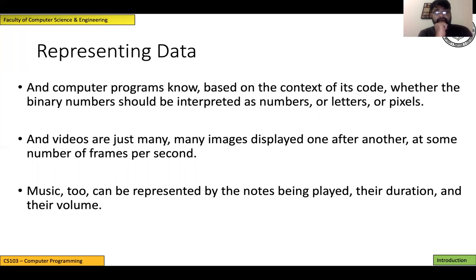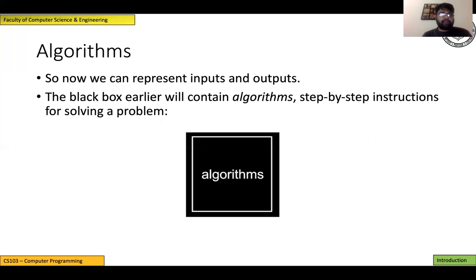Similarly, like I said, music too can be represented by the notes being played, by the duration, and by their volume. So, what is an algorithm? An algorithm is basically the black box that converts from input to output. And what we learned so far is we can now represent inputs, which is your music or video or text or whatever, in ASCII or Unicode format.